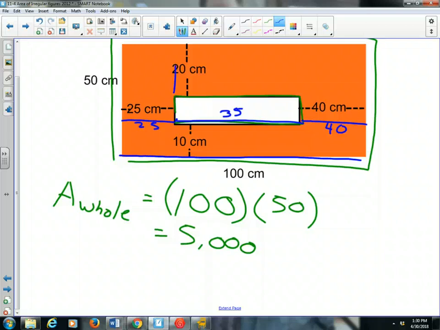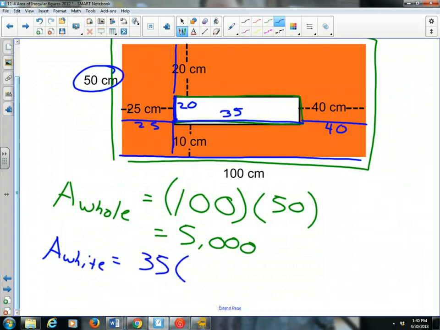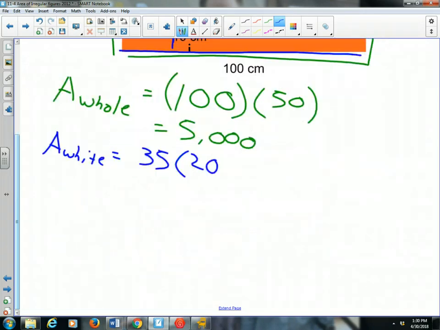If this is 20 and this is 10, that totals 30, and we got to get a height of 50. So that would mean this length has to be 20, right? 20 plus 20 plus 10 is 50. So now the area of the white rectangle there is base 35 times height 20. So the area of that white rectangle is 700 centimeters squared.